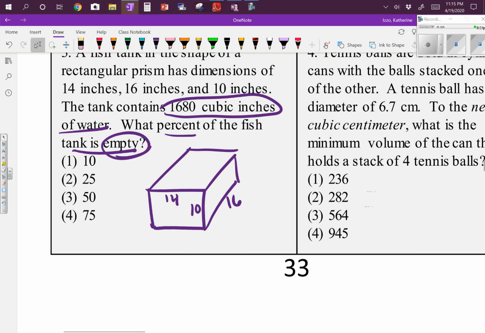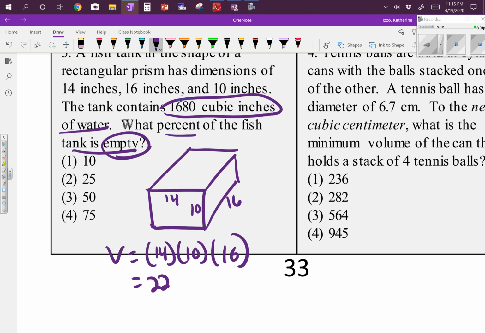Okay. So we need to find the volume currently. So 14 times 10 times 16. Let's figure out what the total volume would be. If we figure out the total volume is 2240. So that's how many cubic inches of water there could be in the tank.